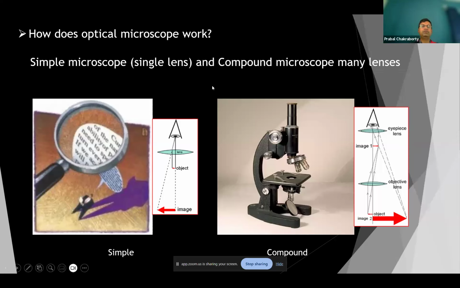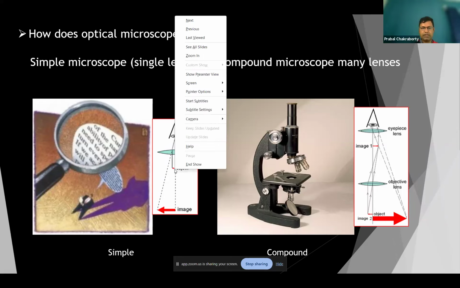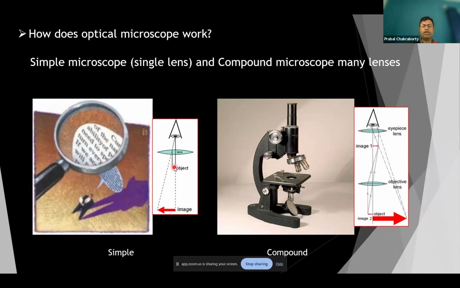When we talk about a simple microscope, it has only a single lens. So we have this object, probably you can see my cursor, or I can use a laser pointer maybe. You can see this is the object, and with the lens we can magnify the object and see the image. One example of a simple microscope is a magnifier glass or something like that.